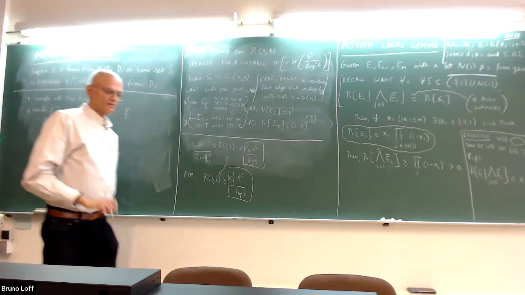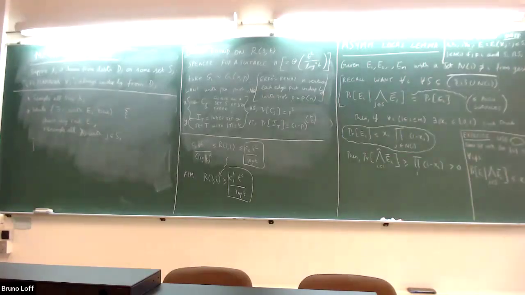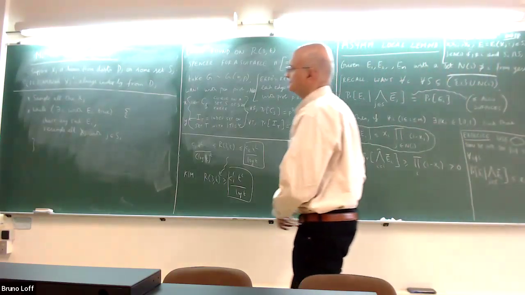Okay, this is all the algorithm is. And of course, when it terminates, by definition, you have avoided all the events, right? This is the Moser-Tardos algorithm. Maybe the simplest algorithm you can think of.